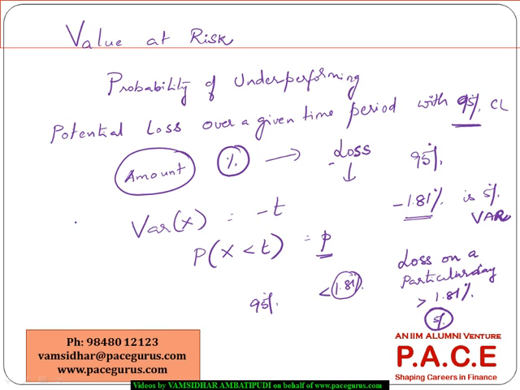So if the value of risk is negative, then it indicates a loss. If the value of risk is positive, it indicates a kind of profit. This loss can be measured in an absolute sense, saying minus 1,810 if I have invested 10,000 or 100,000 bucks, or I could very well say it is minus 1.81% on any invested amount.